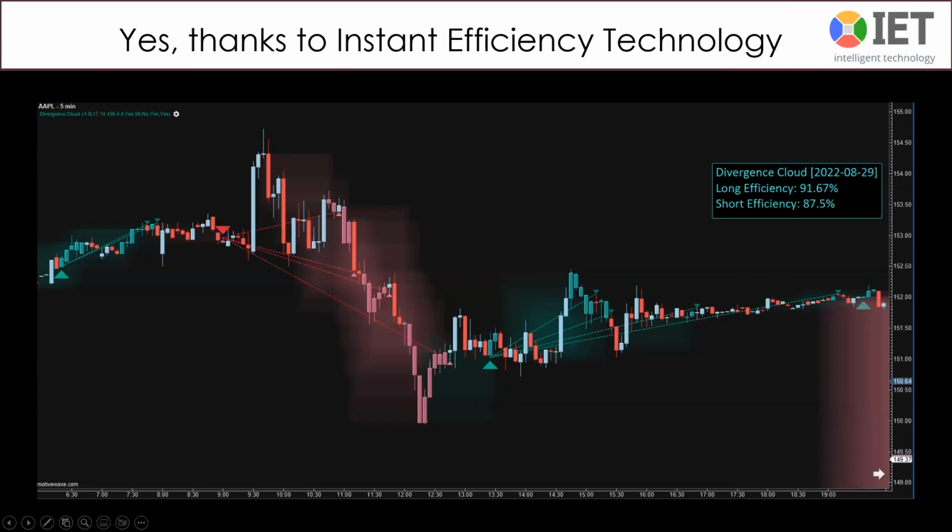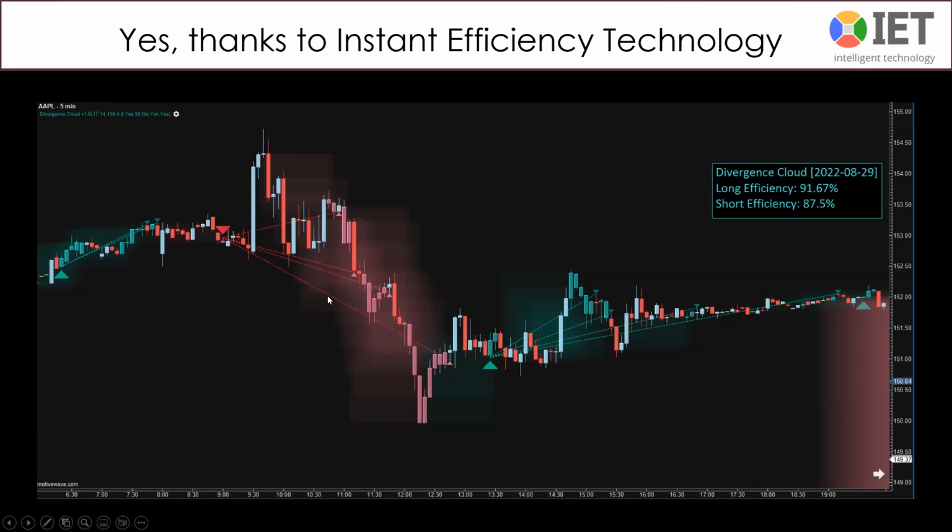The way this works is that these success statistics are calculated based on historical data, the data available on your chart and the given look back period, in this case from August 29th, 2022. For this look back period, it will take into account every single signal and evaluate whether the signal was a winner or a loser.